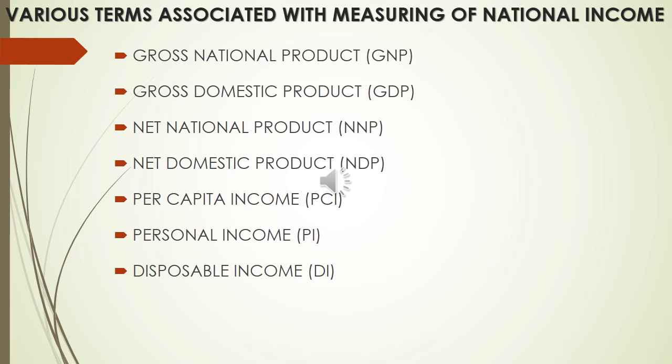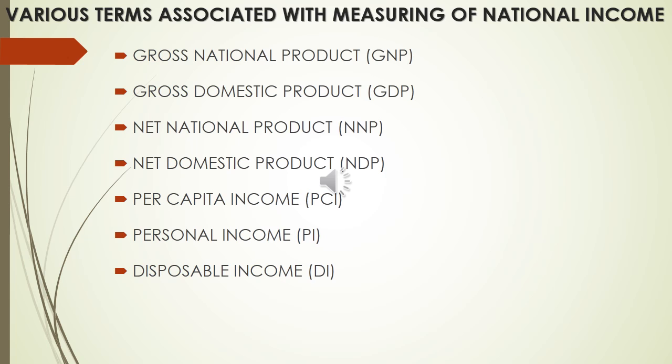There are various terms associated with it: gross national product, gross domestic product, net national product, net domestic product, per capita income, personal income, then disposable income.